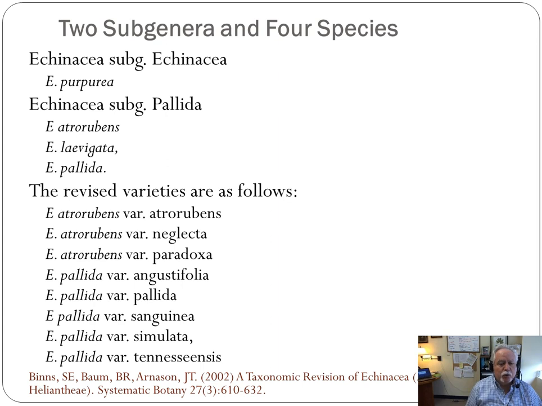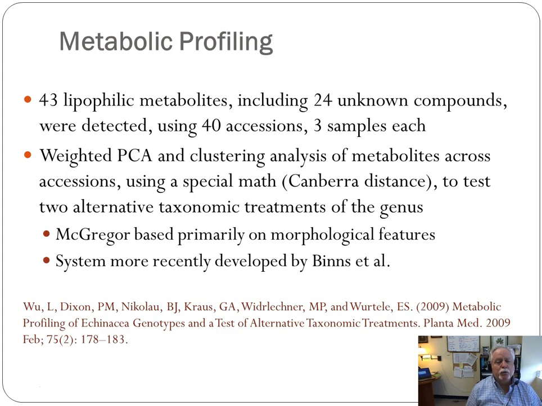And one way to take a look at this was to say, all right, well, let's look at the phytochemical profile, the metabolic profile. And they looked at the lipophilic metabolites. So these would have been largely the alkylamides, but also some other compounds. They looked at 40 accessions, being collections, and the accessions need to ideally come from different distribution areas, so you're not looking at the same gene stock or environmental influences.